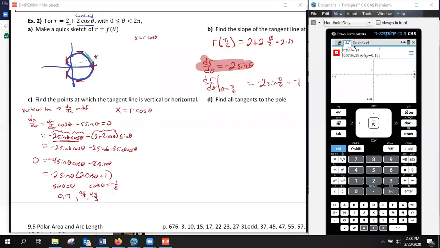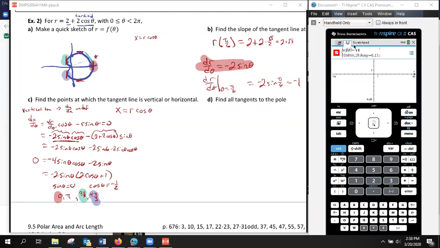So just to confirm with what I did up here, you have my vertical tangents. Let me match it up with some shading. That was 0 right there. 2π/3 is where that vertical tangent occurred, and 4π/3 is where that tangent occurred.